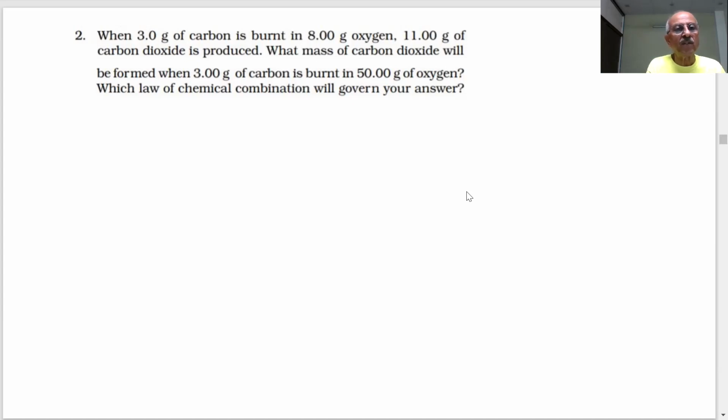How do we answer such questions, students? What is the reaction? You have carbon, and burning means it is reacting with oxygen to form CO2. The equation should be balanced because the law of conservation of mass has to be applied.